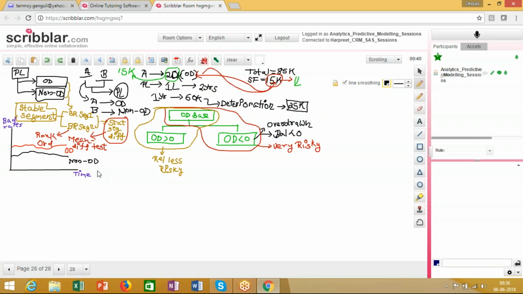Now the next question that comes up is, what if instead of two segments I had three segments? In that case, t-tests cannot be used. And we introduce the concept of ANOVA, or the analysis of variance.